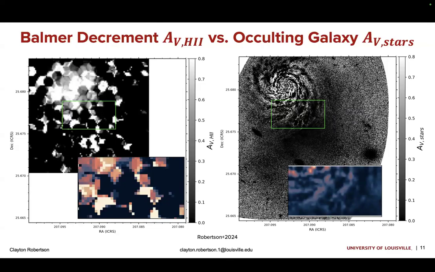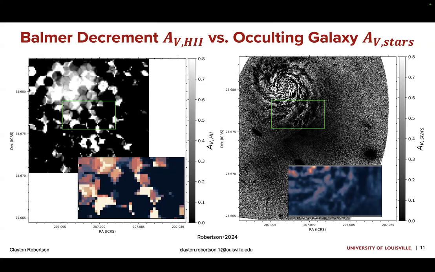It's based on the stellar continuum of this galaxy itself. I'll get into this a little bit later, but this is a direct comparison of two different kinds of attenuation, one from the H2 regions and one from the stellar absorption, which has been studied throughout the literature on attenuation: what are the similarities and differences of attenuation based on nebular emission lines and nebular gas clouds versus the stellar continuum itself.